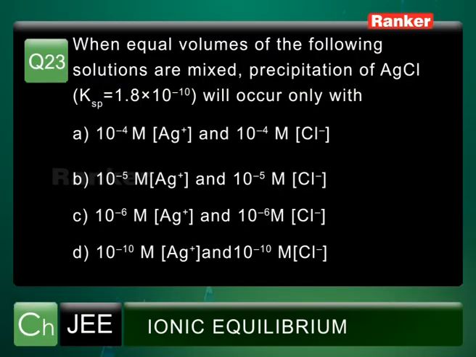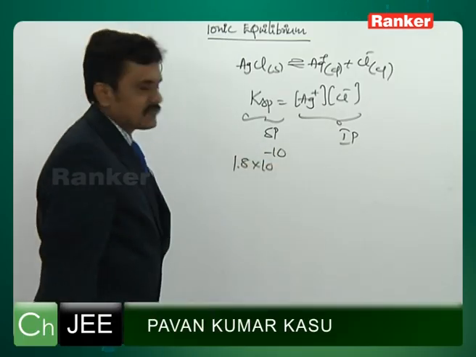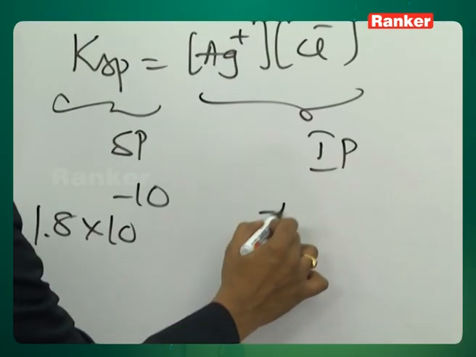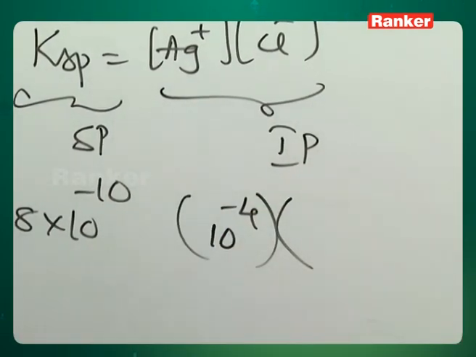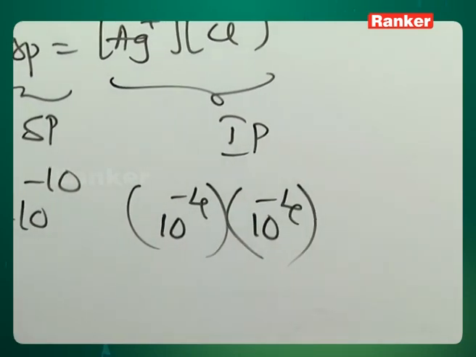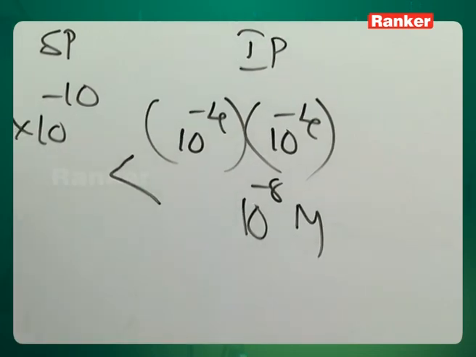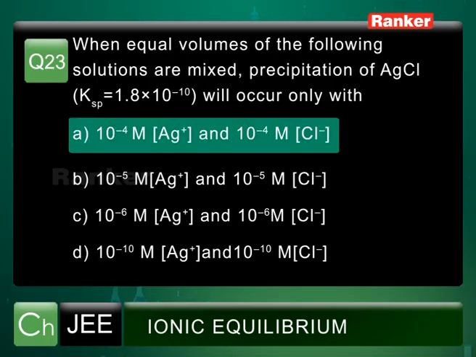So you can see the KSP value is 1.8 into 10 to the power minus 10. In option A, we have 10 to the power minus 4 molar of silver ion and 10 to the power minus 4 molar of the chloride ion, that is 10 to the power minus 8 molar. So therefore this is the right answer for the question.